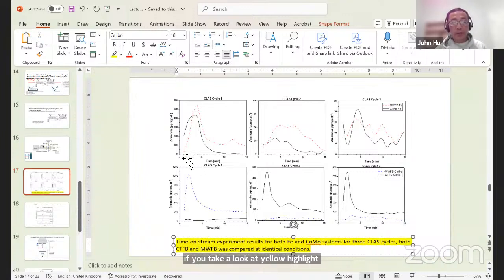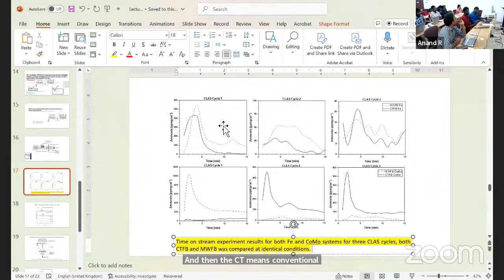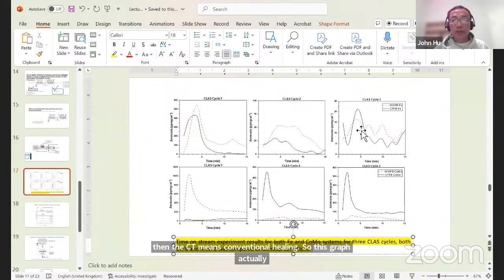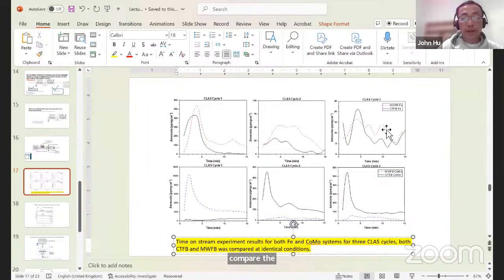Time on stream means 3 cycles: cycle 1, cycle 2, and cycle 3, using the different materials. The label MW means microwave, and CT means conventional heating. So this graph compares microwave heating versus conventional heating.